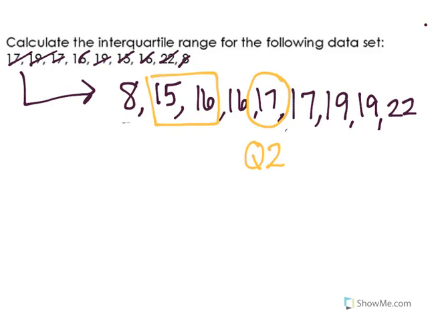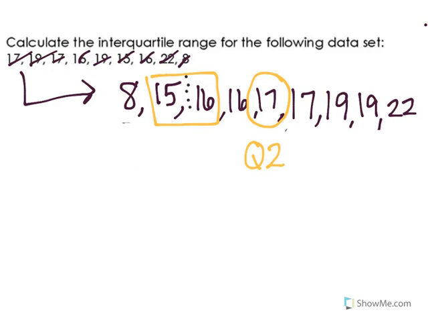I'm going to find the average of those two by adding 15 and 16 together, which is 31. And then I'm going to take 31 divided by 2 to get the average, since there are 2 pieces of data, and I get 15 and 5/10.